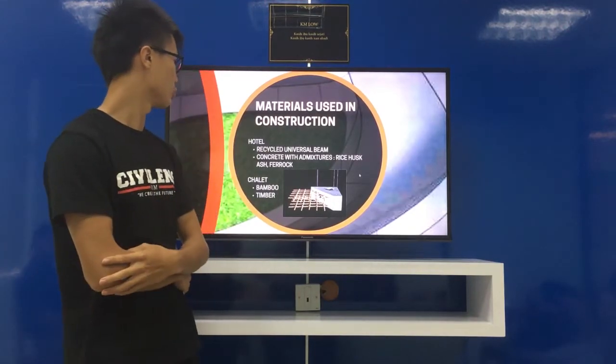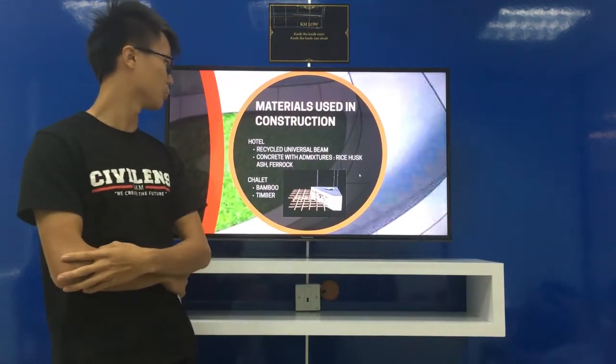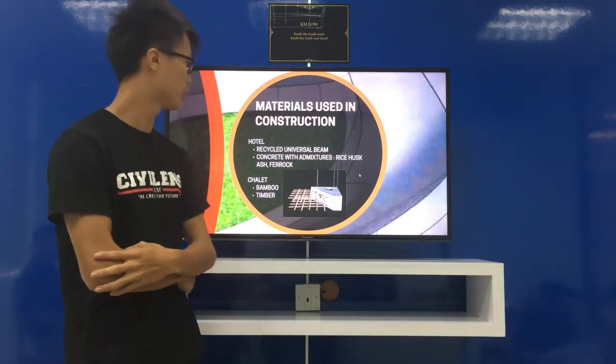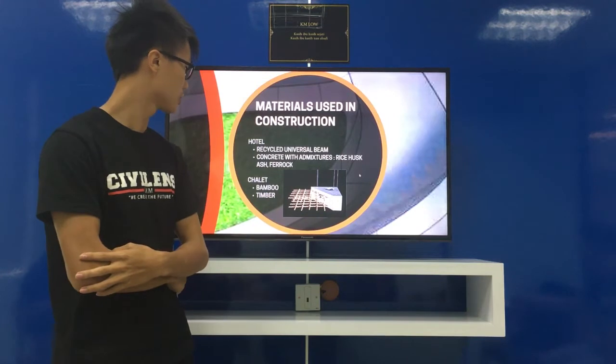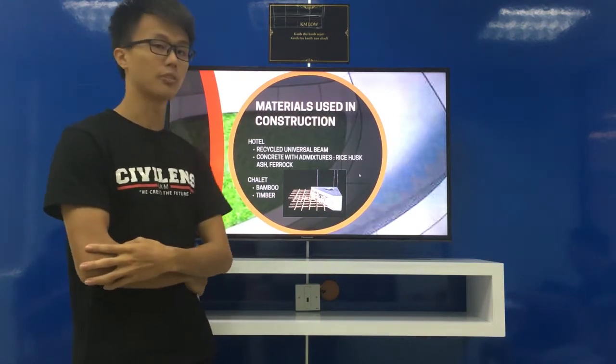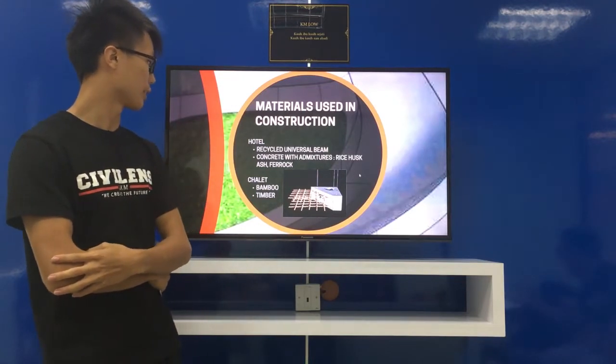Okay, besides that, in the construction of our hotel, we are using three construction materials, which are the recycled universal beam, rice husk ash, and also the ferrule. Let me introduce the recycled universal beam.